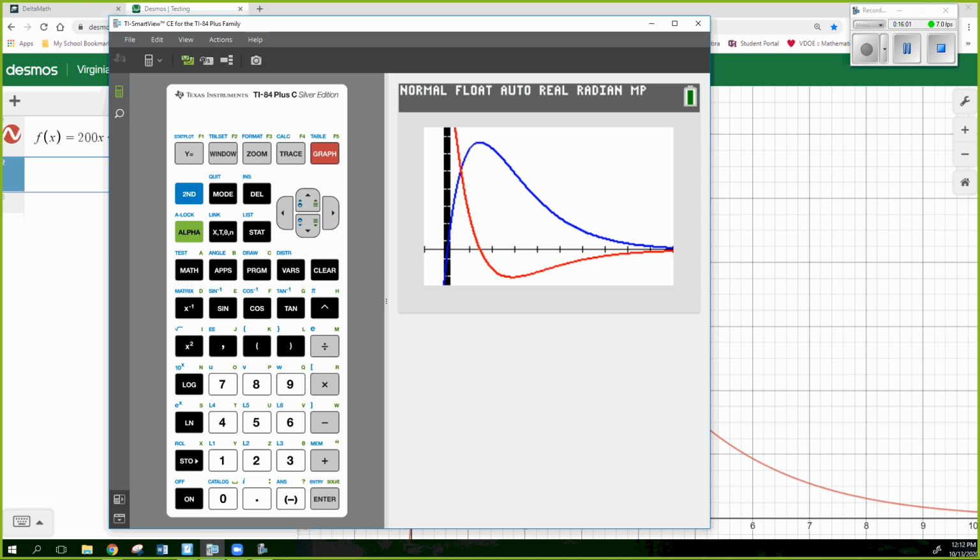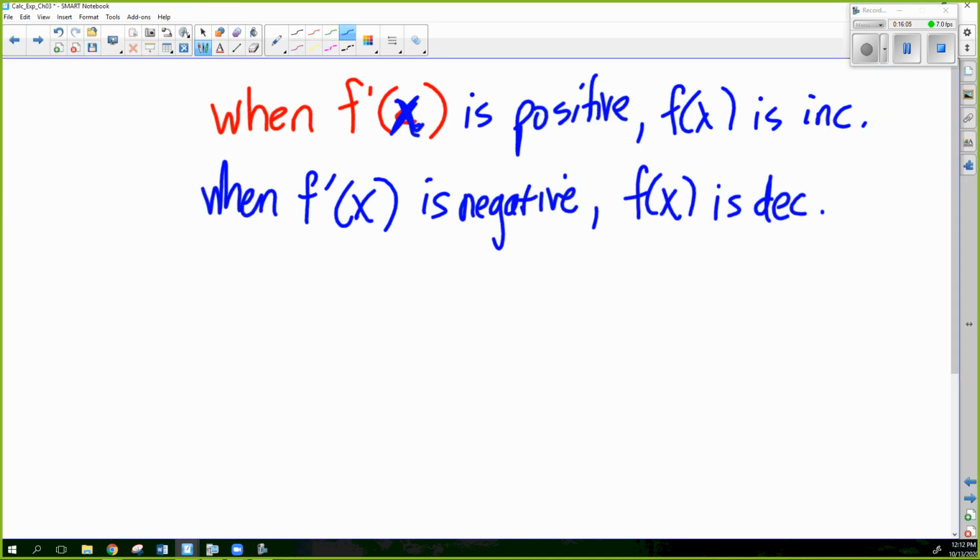So that's another thing I want you to make a connection with. Let's go back to our list here. When the derivative equals 0, that's where the red graph crossed the x-axis. That's where it went from positive to negative.